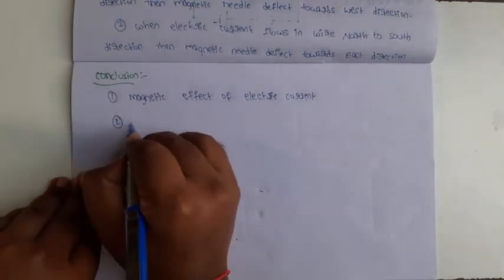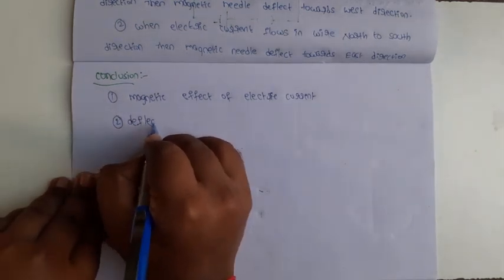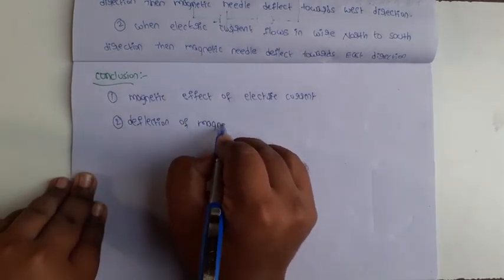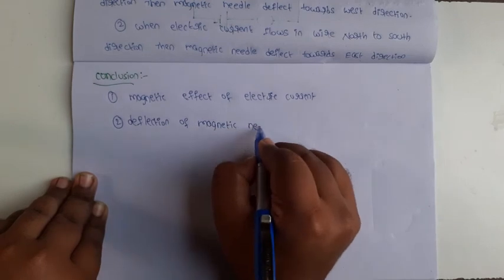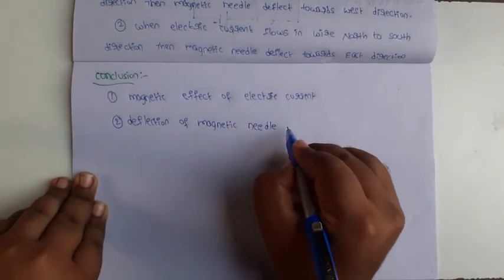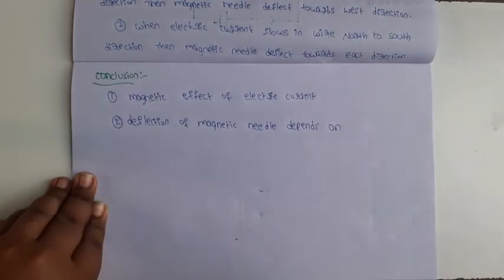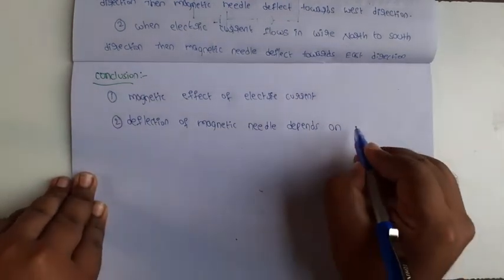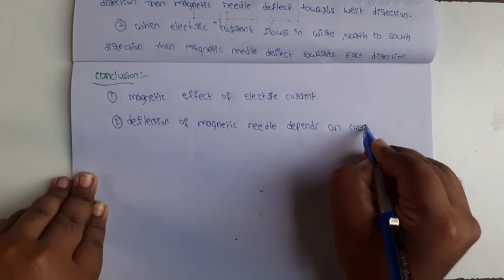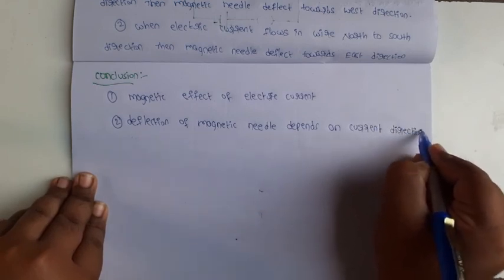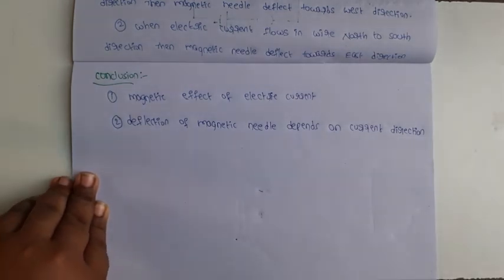Second point, the deflection of the magnetic needle depends on the current direction. If the current direction is reversed, then the magnetic needle deflection also reverses.